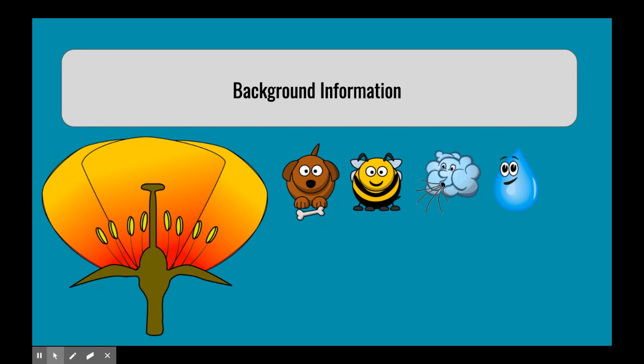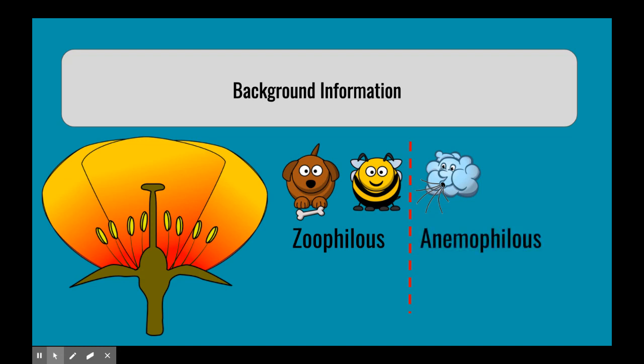For our focus today, we are not going to be talking about pollination by water, but instead we're going to make a distinction between pollination that occurs by animals compared to pollination that occurs by wind. Pollination by animals is going to be referred to as zoophilous, and then we're going to use the term anemophilous to reference pollination that occurs by wind.